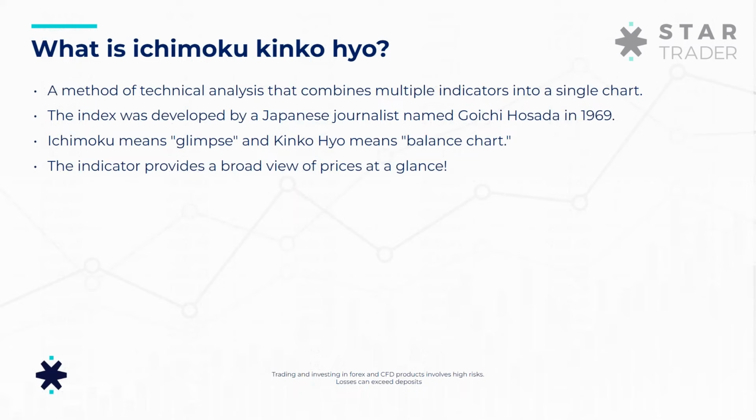The indicator provides a broad view of prices at a glance. It provides a lot of technical entries and technical analysis in just one frame, so that's why this is a very interesting indicator to study.